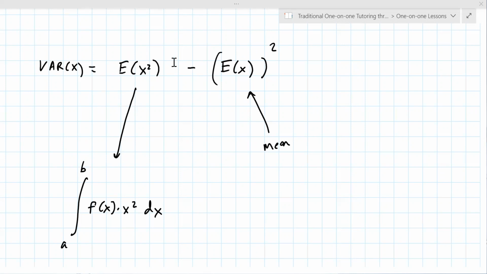Because this one works for every distribution, and b minus a squared over 12 only works for continuous uniform. I see. And the one we have is not continuous uniform. So you really have to get out of the mindset of it being formula driven. Sometimes the formulas are there, but you should learn the complete formula.